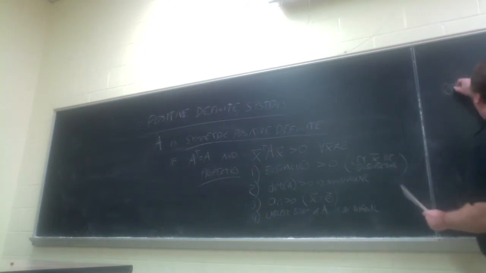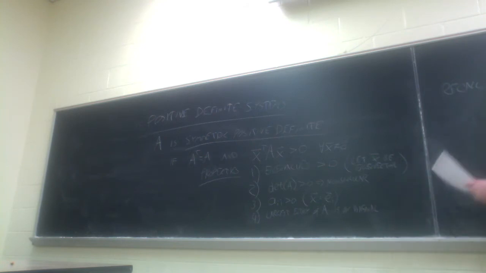So if we recall, the leading principal submatrices of A, I'll define them as A_K, is just the upper left K by K block.